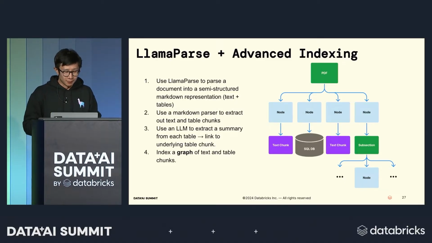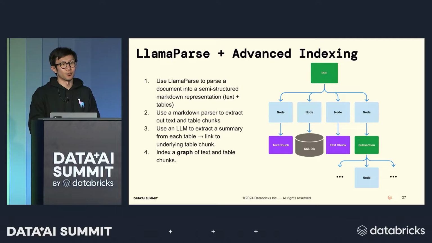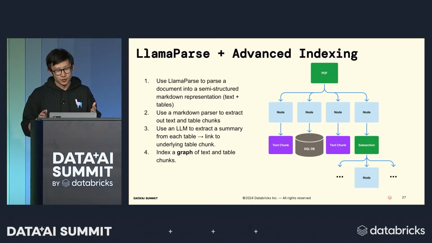So first step here is you use LlamaParse to parse a document into a semi-structured markdown representation with text, tables, images, or we also support JSON mode as well, so you can return your outputs in either Markdown or JSON, some sort of semi-structured format.